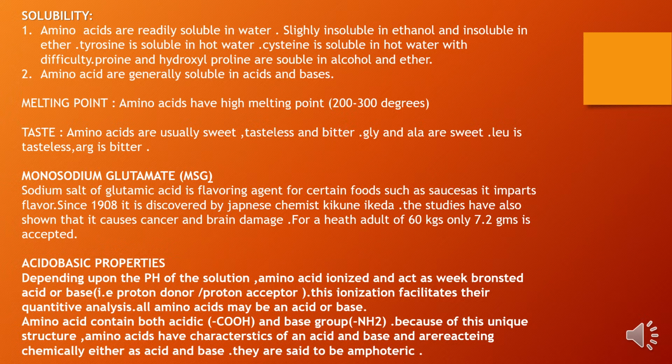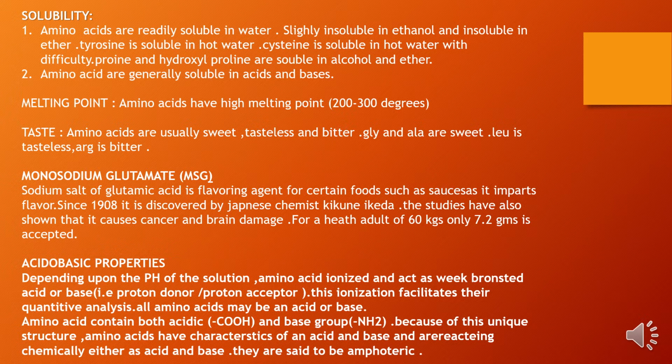Monosodium glutamate. What is MSG? MSG is a very important topic. It's a very important ingredient. Sodium salt of glutamic acid is a flavoring agent for certain foods such as sausages. It imparts flavor. Since 1908, it was discovered by Japanese chemist Kikunae Ikeda. Studies have also shown that it causes cancer and brain damage.